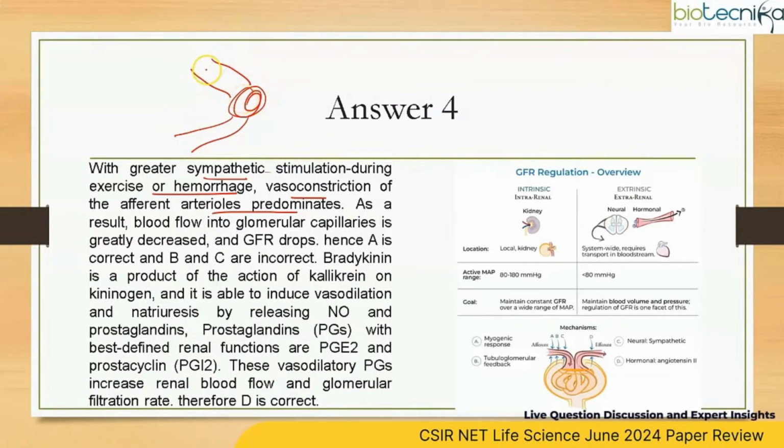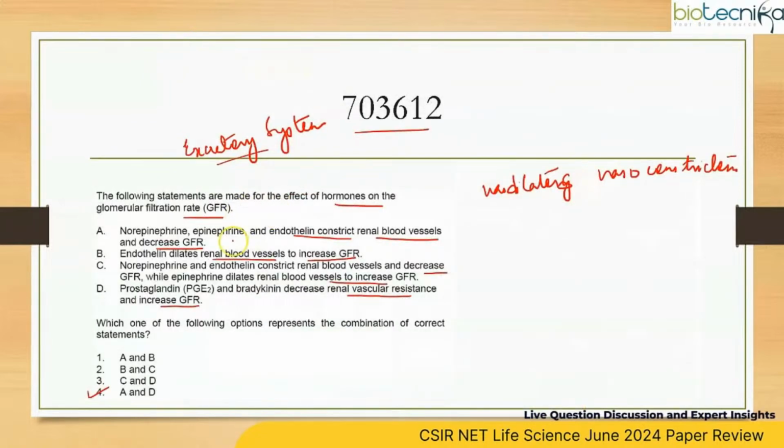So this blood vessel will constrict, the diameter will decrease, and as a result, blood flow is decreased. When blood flow is decreased, GFR will decrease. So that is why A is correct over here. When there are norepinephrine, epinephrine and endothelin, they are constricting the renal blood vessels, so that will decrease the GFR.